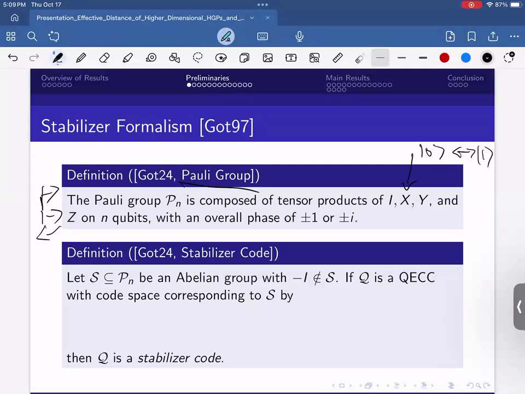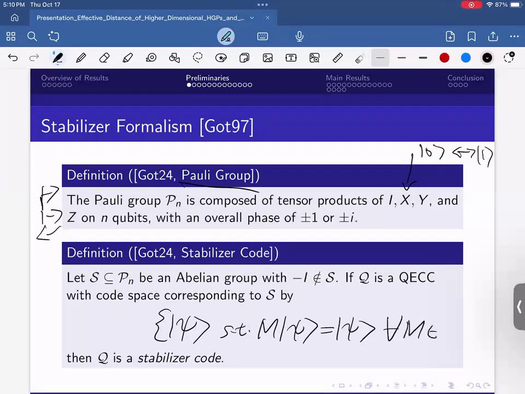And then for the stabilizer code, you can let S be an abelian subgroup of the Pauli group with negative I not in S. And then if Q is a quantum error correcting code with code space corresponding to S, let it be the set of quantum states such that any element in the stabilizer group stabilizes the quantum state.